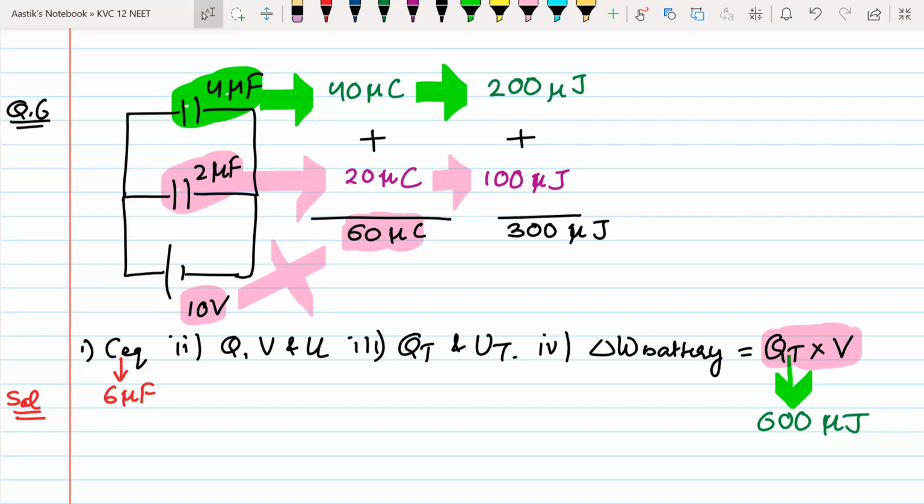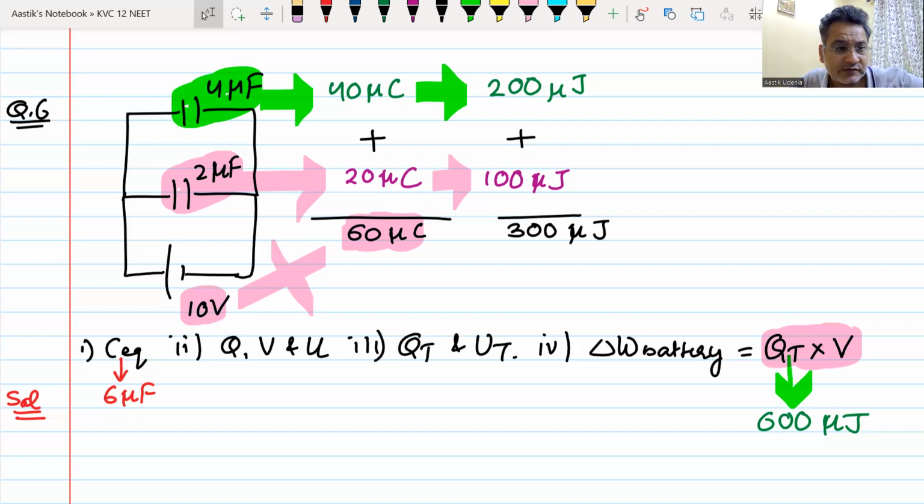There could be some capacitors which are in parallel, and some which are in series, and then we will have to find out the equivalent capacitance between the two given points. Do we understand what we are supposed to do in today's class?